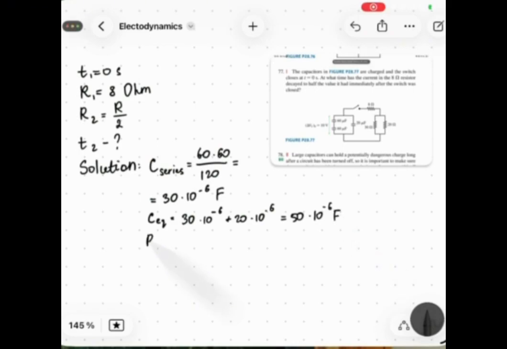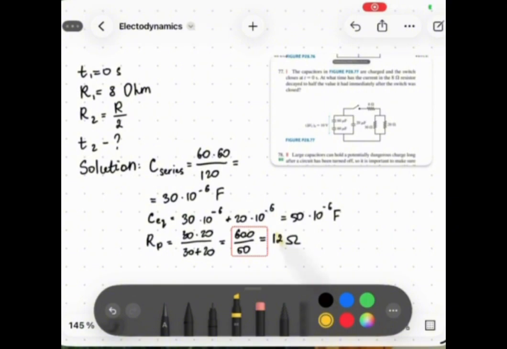Then, to finish our equation, I have to find the equivalent resistance. I multiply 30 and 20 ohms and divide by 50 ohms, which gives 12 ohms. Really easy as well. This block is in series with the 8 ohm resistor.